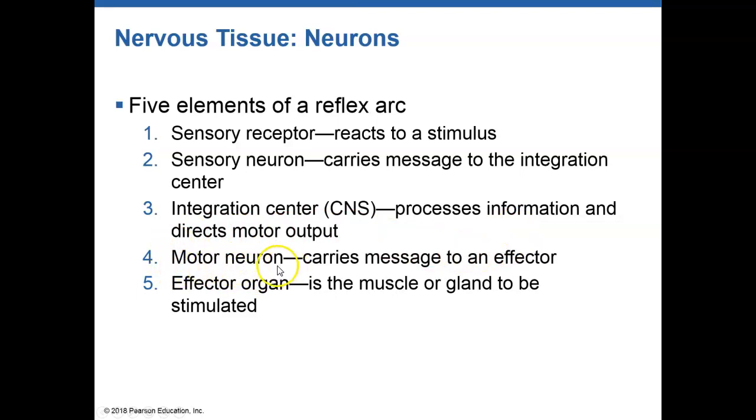Motor neurons, or the efferent neurons, carry the information back to an effector, and the effector is what brings about change. It's going to cause muscle contraction or glandular release. So let's look at those five parts.